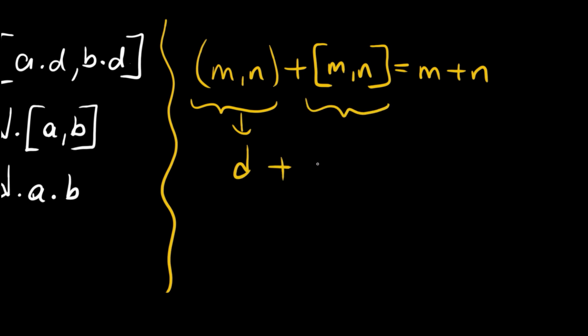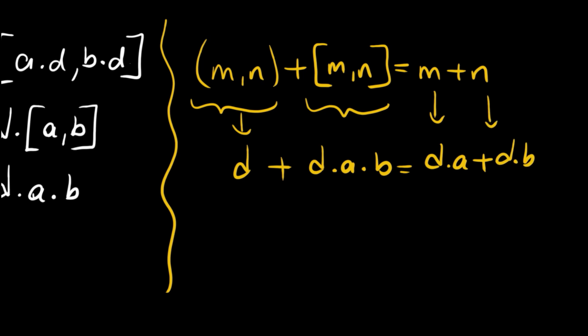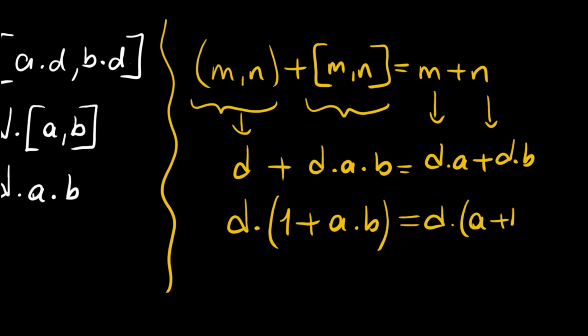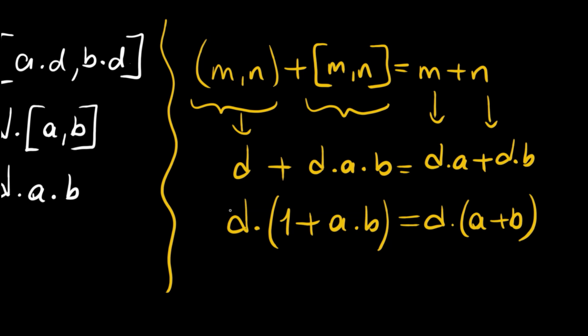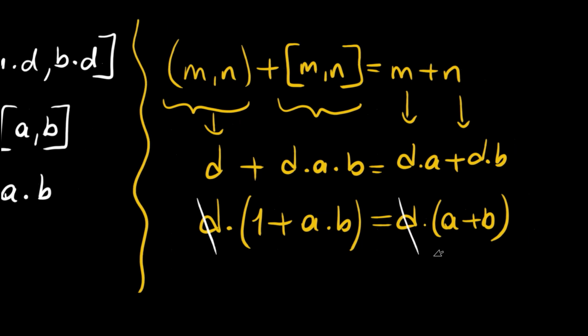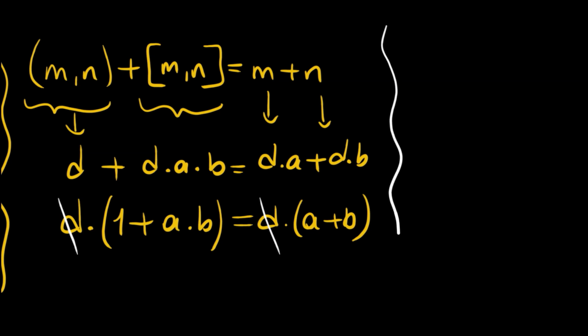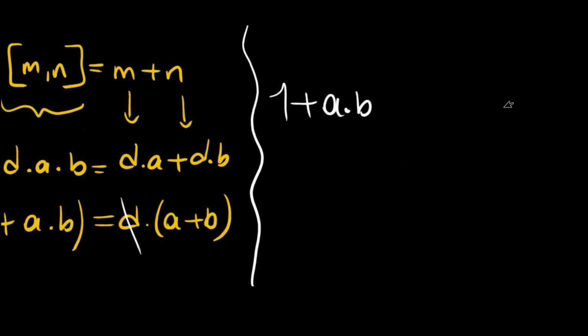The LCM is equal to d times a times b. m is d times a and n is d times b. So now, factoring out this d, we will have d times (1 plus ab) is equal to d times (a plus b). This is very nice since we can cancel this d, since it is positive. And we are left with 1 plus ab is equal to a plus b.